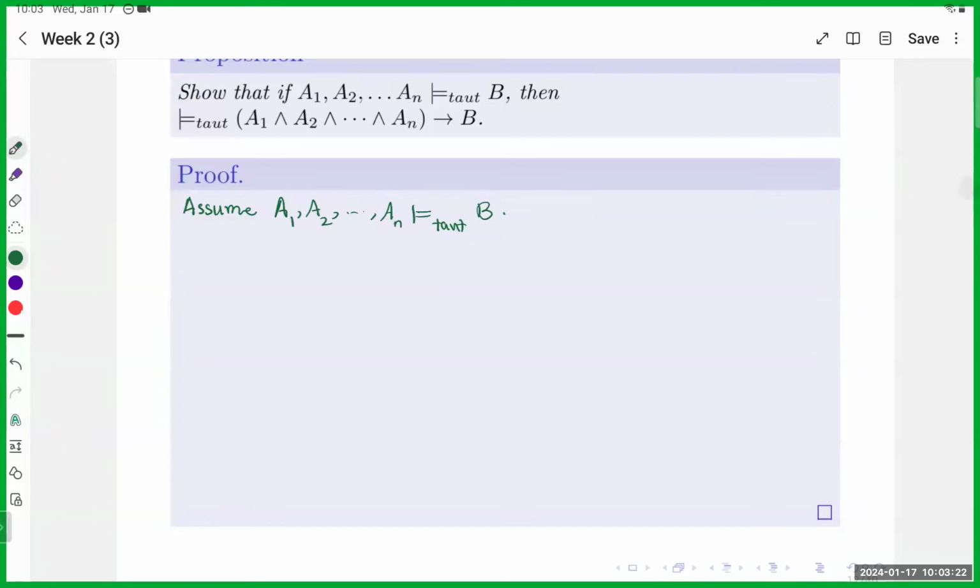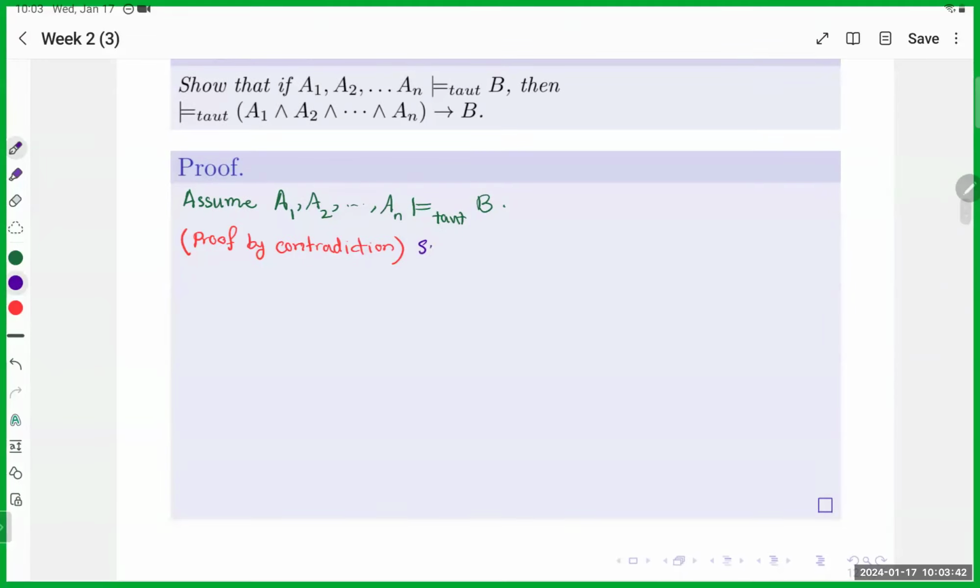So suppose A1 and A2 and ... AN implies B is not a tautology.